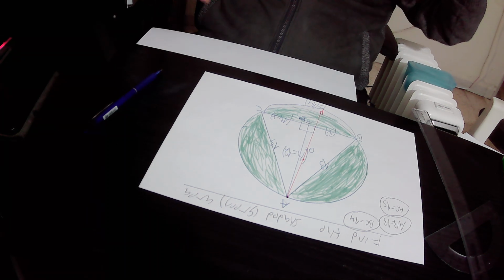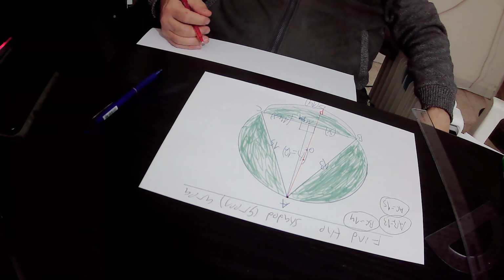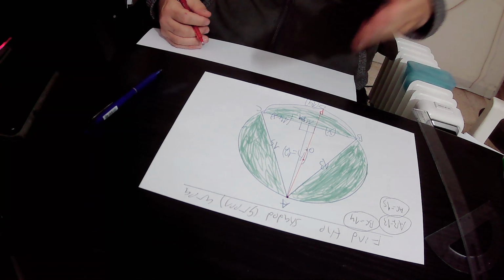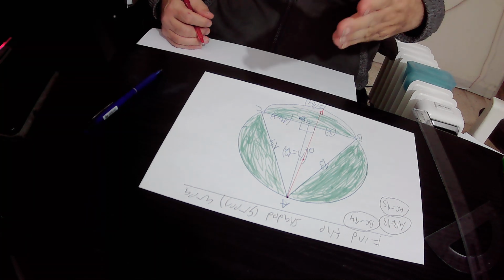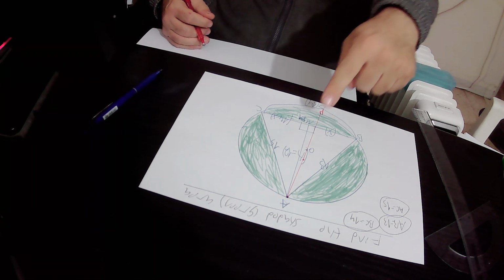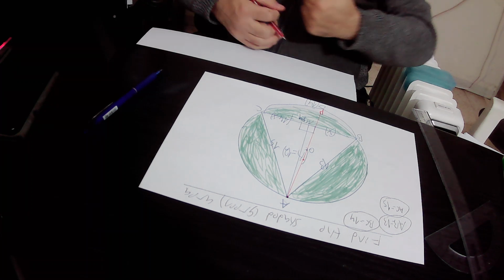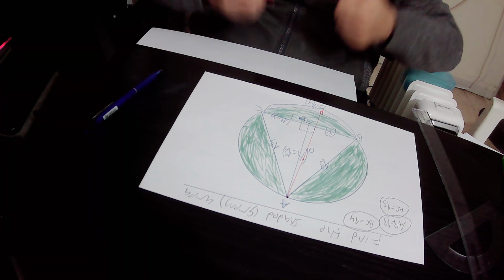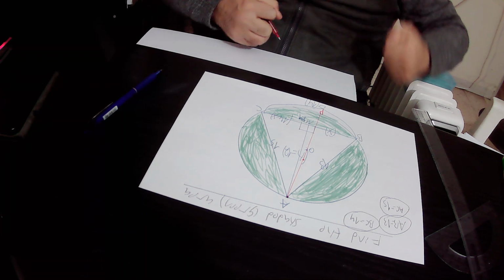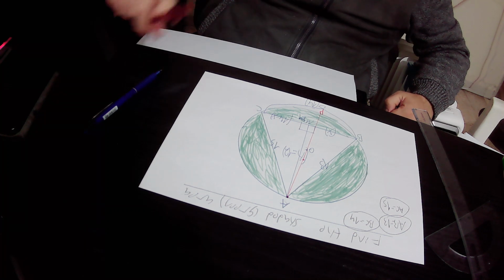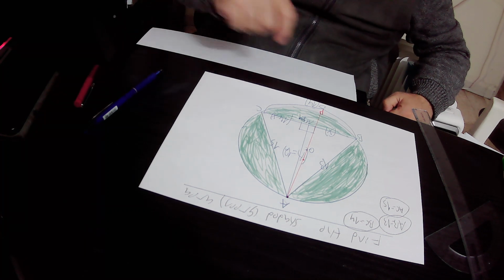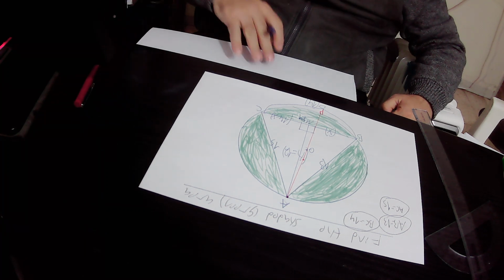AP is a chord of this circle, and the chord AP passes through point O, that is the center of the circle. Any chord that passes through the center of the circle must be the diameter of the circle. Therefore, AP is the diameter of the circle.